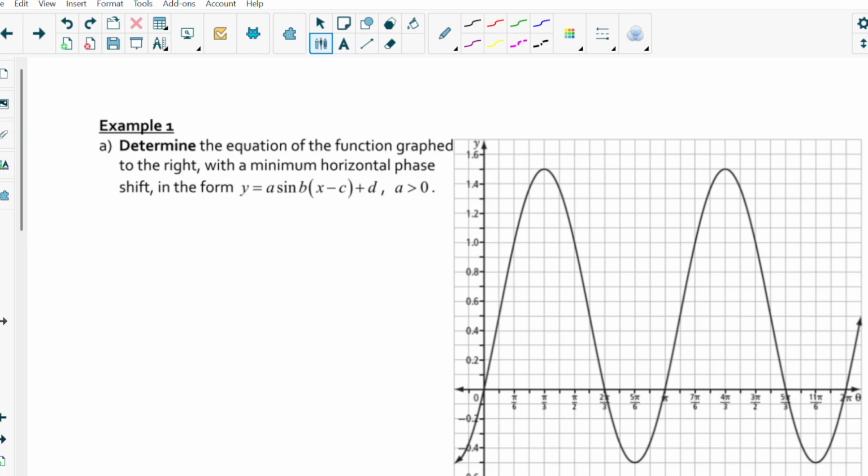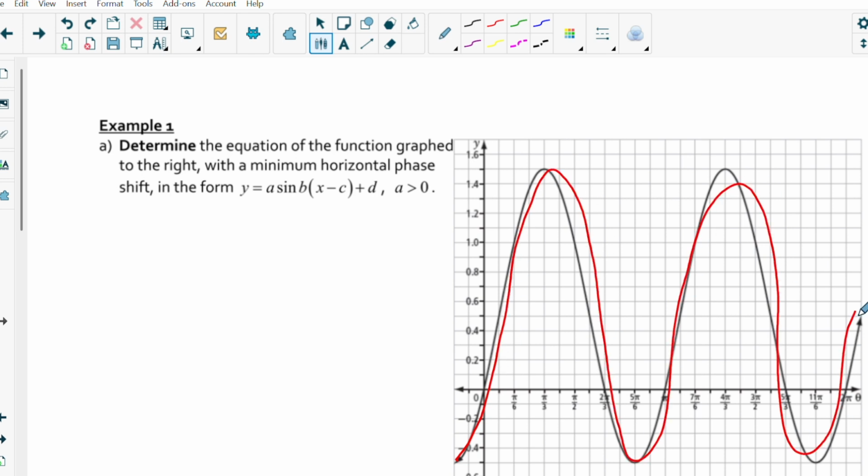What is this minimum horizontal phase shift? Just a quick word about that. We know these are repeating graphs. We want to write this equation in terms of the smallest possible phase shift, because since this is a repeating graph, there are an infinite number of C values you can write that give a valid equation.